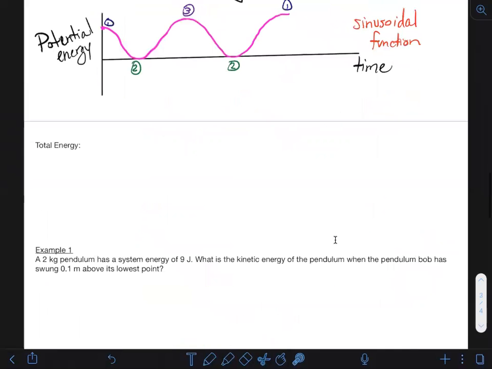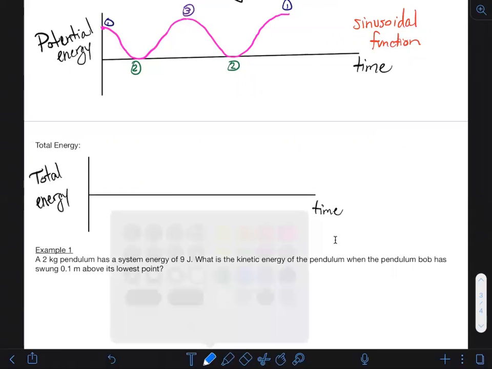And so if we decide that we want to try to show both of these on the same graph, we're going to create one last graph here. And this is going to be a graph of total energy as a function of time.